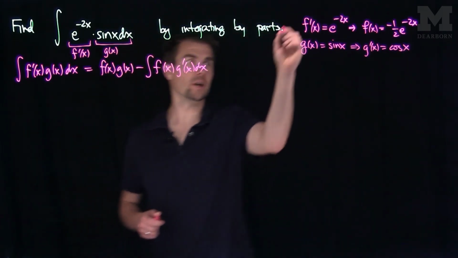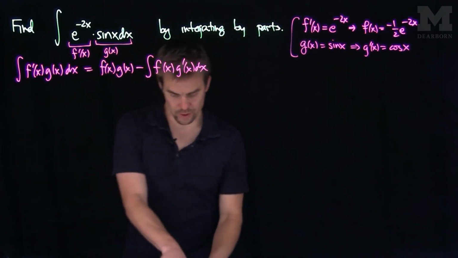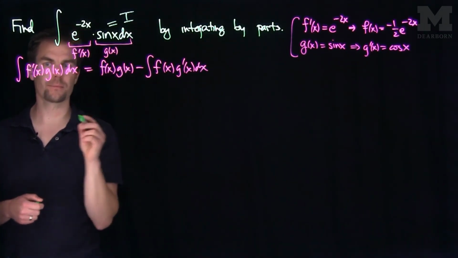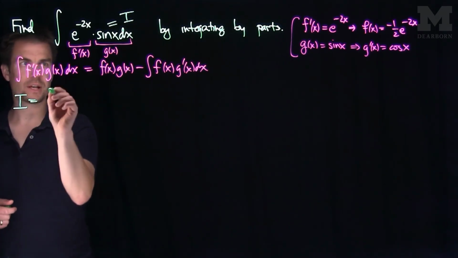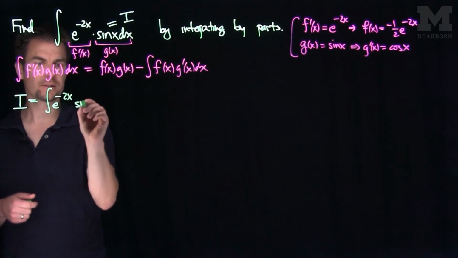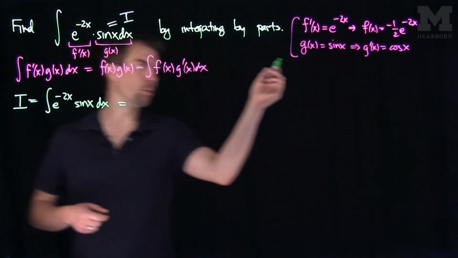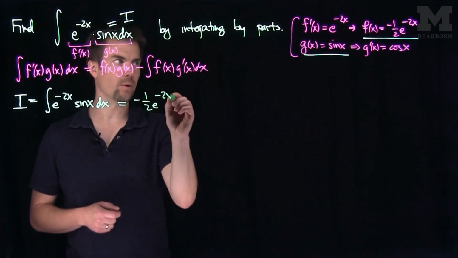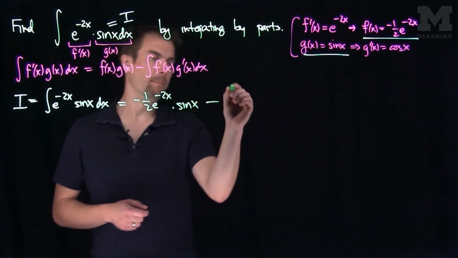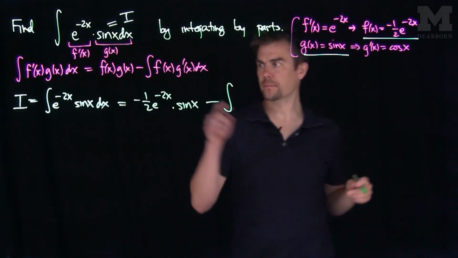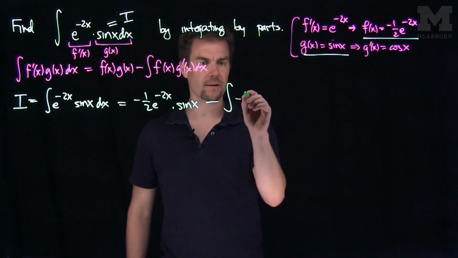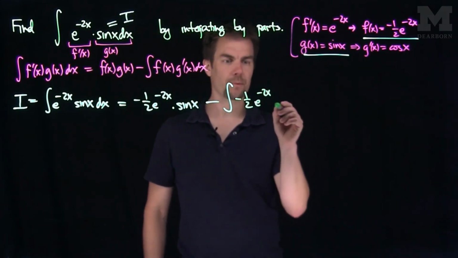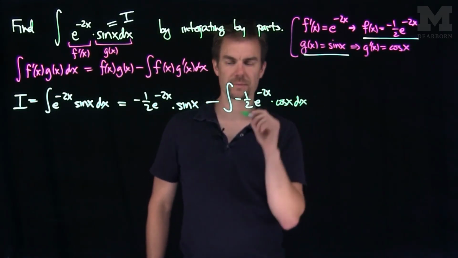Let's integrate by parts using our formula. We'll do one small trick: I'm going to call this integral I, for integral. So I, the integral of e to the negative 2x sine of x dx, is equal to f times g, negative 1/2 e to the negative 2x times sine of x, minus the integral of f, negative 1/2 e to the negative 2x, times g prime, cosine of x dx.